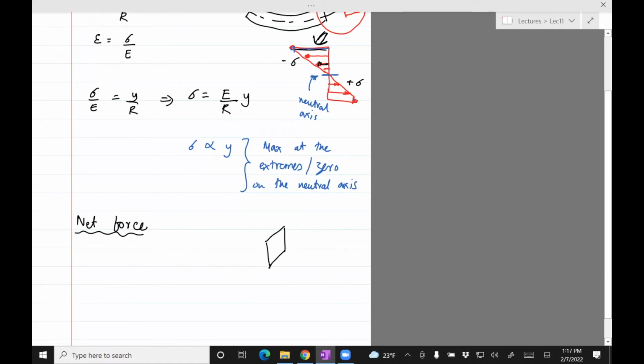So we have a cross section of the beam. That's the neutral axis.